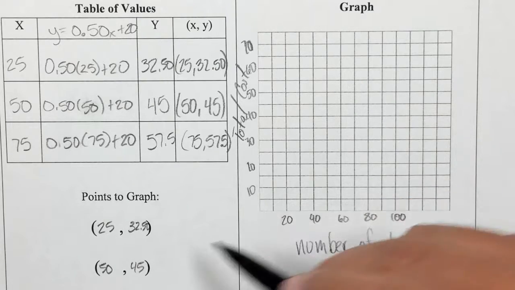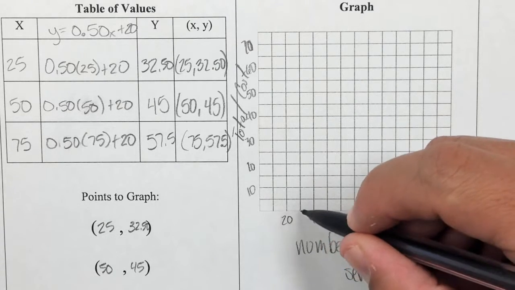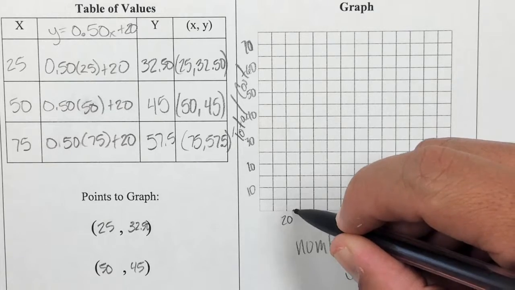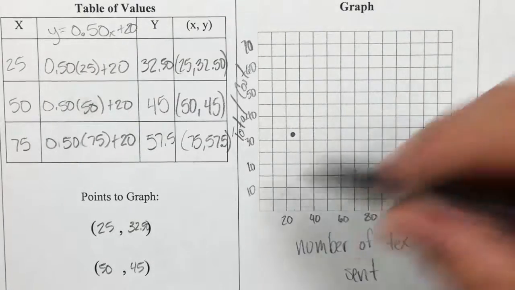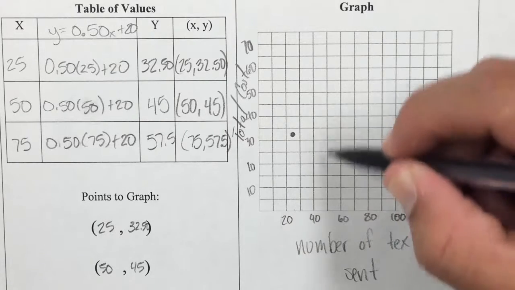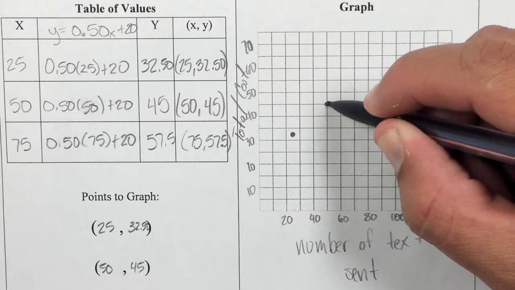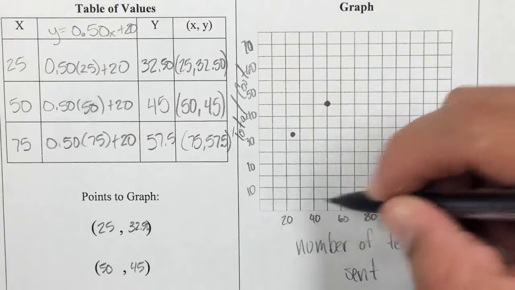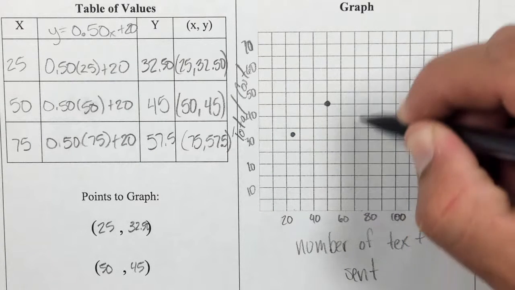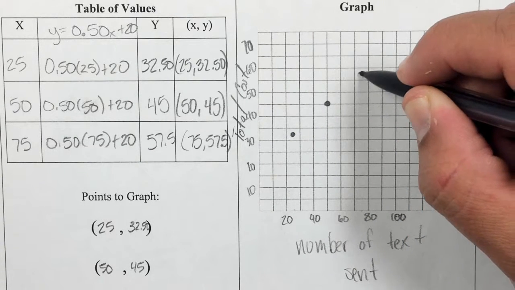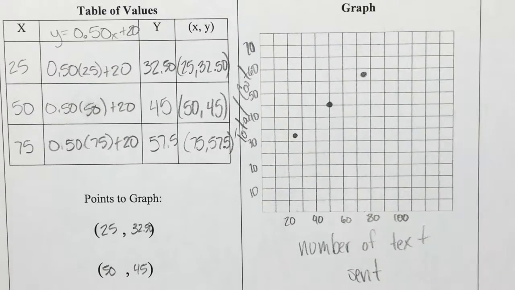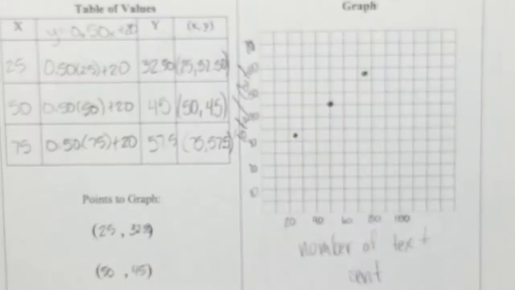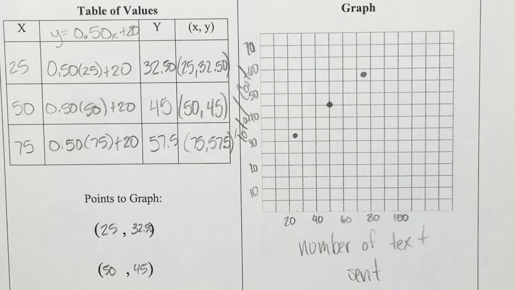So we got 25, that's 30, so 25, 32.50, somewhere right in here. 50, 45. And then 75, 57.50. Again, some of these you're going to have to estimate based off how I did it. If you didn't do it my way, yours may be more exact.